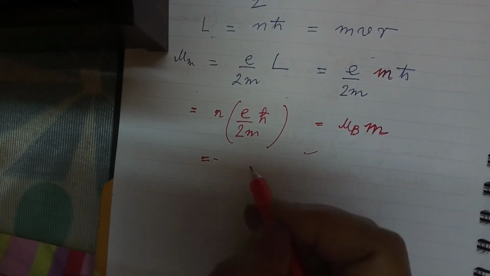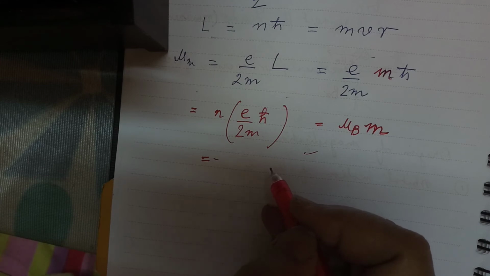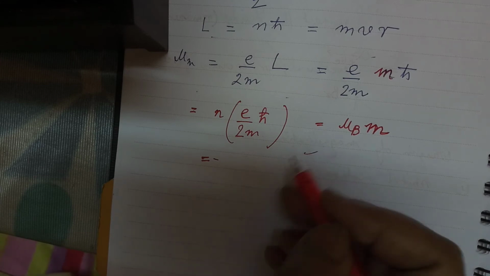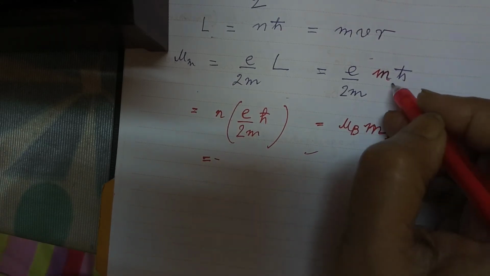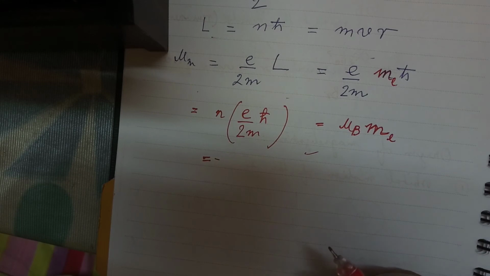Because of the magnetic nature of the electron, we call this m, which is a function of L, the orbital angular momentum. So this is actually equal to ml h cross, mu B into ml.